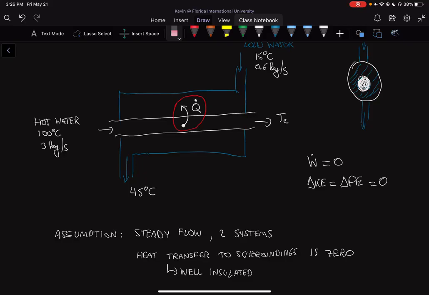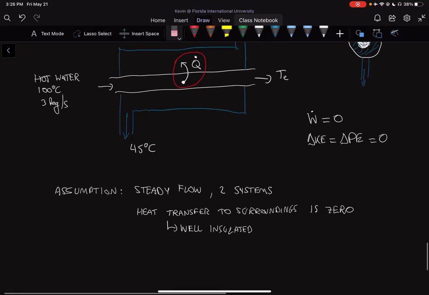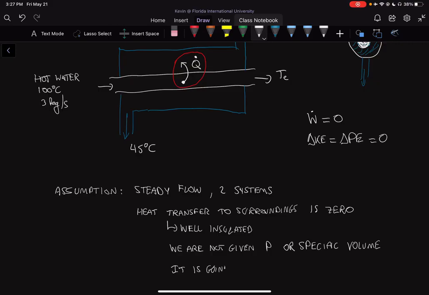Now, the other thing we can write is that we are not given pressure or specific volume. And since we're not given pressure or specific volume, it is going to be hard to use tables.